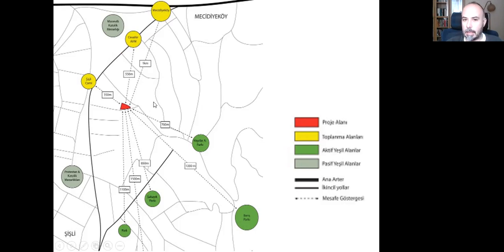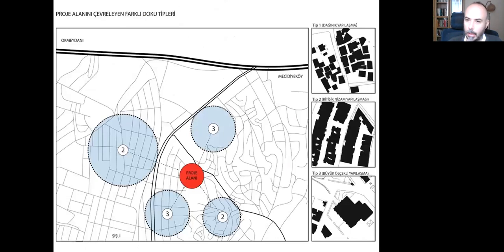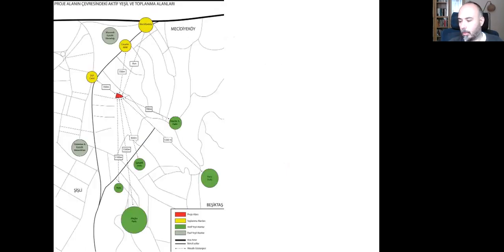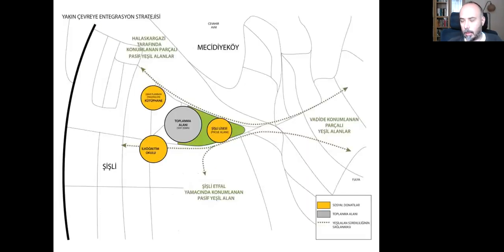And he says that there is a very dense population with lots of buildings around the project area, but there are no meeting areas or open space usage areas or recreational areas nearby. So he decided that the most important thing his design should be based on is to create a nice green area that can be used by the locals.